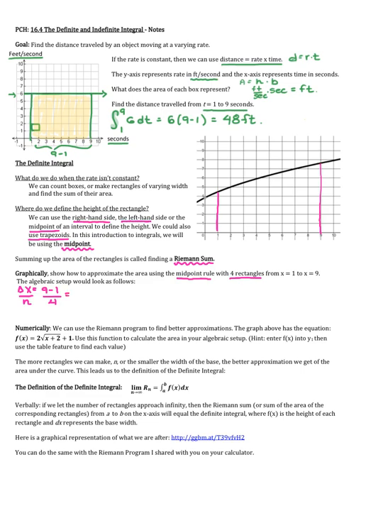So 8 divided by 4 is 2. 2 is going to be the length of each rectangle, so each one of these is going to represent our delta x. For purposes later on, delta x and dx are the same thing.